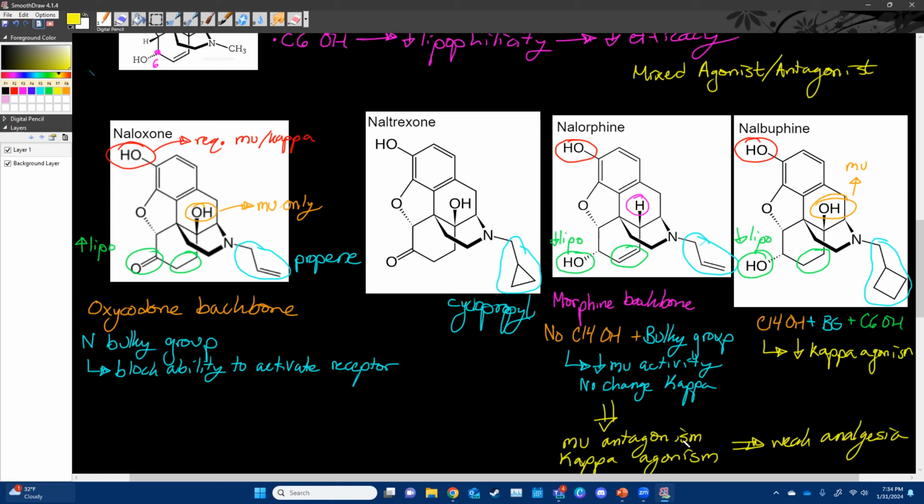So again, it's still a mu antagonist, still a kappa agonist. But because of a combination of all these different factors, what we have is an even worse version of nalorphine.